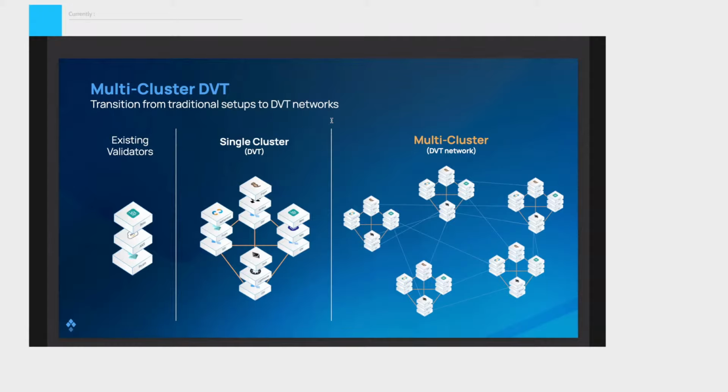So if you think about the waste there in terms of resources, money, DevOps, it's a big nightmare. If you have 5,000 clusters, just imagine maintaining 5,000 different Charon nodes.